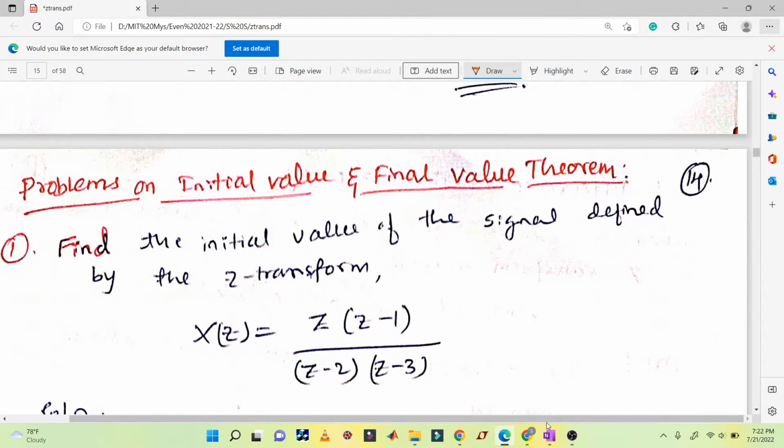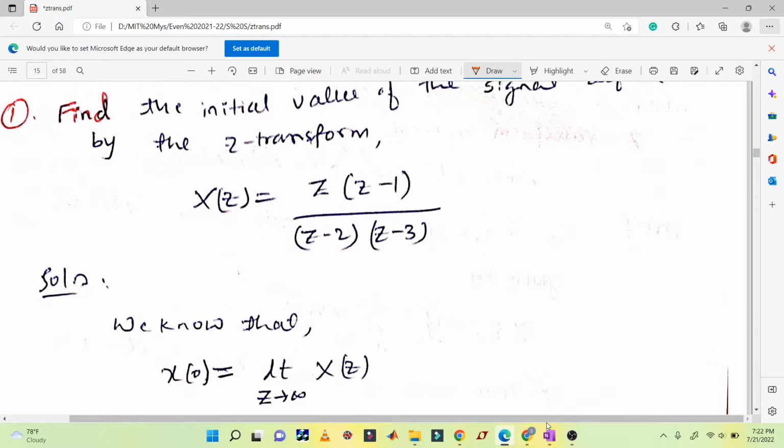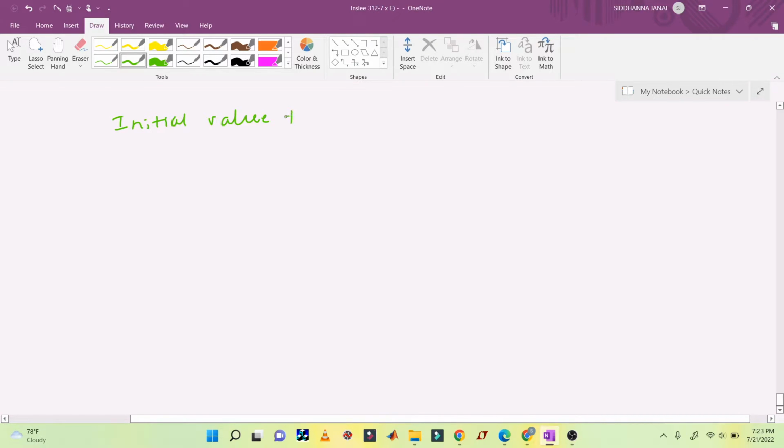Now let us solve some of the problems on the initial value and final value theorem. So we already know the initial value theorem and final value theorem. Based on that, the first problem is: find the initial value of the signal defined by the z transform. Problem on initial value theorem.